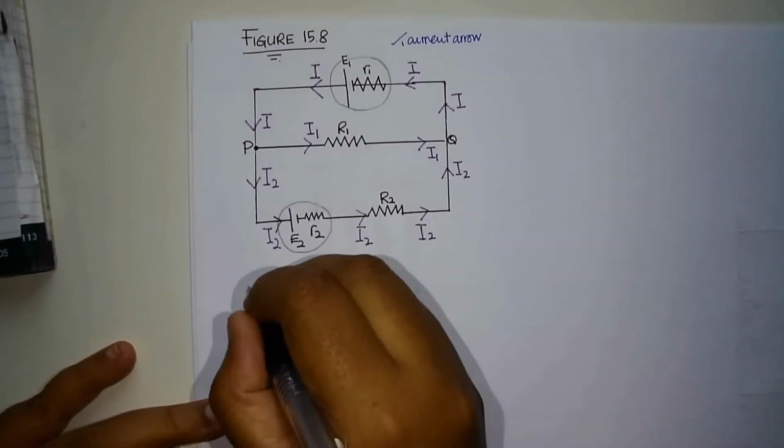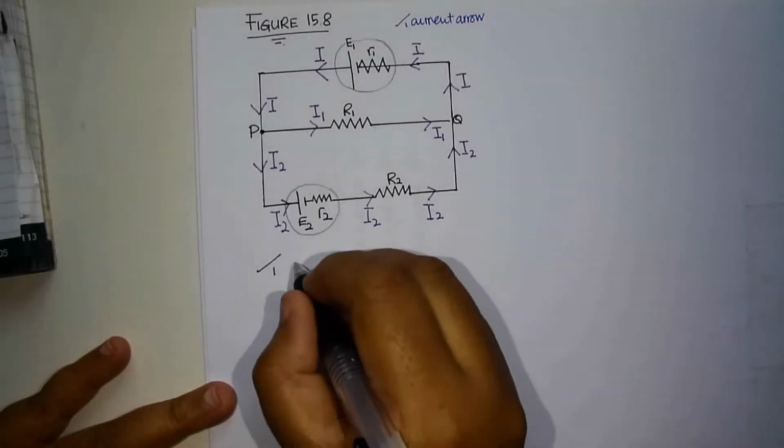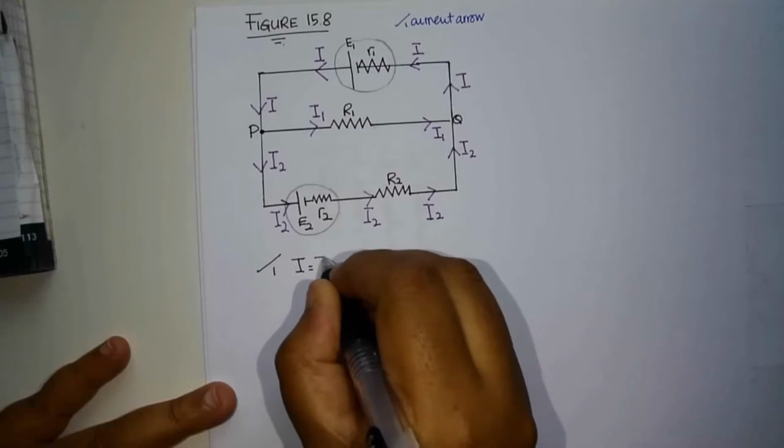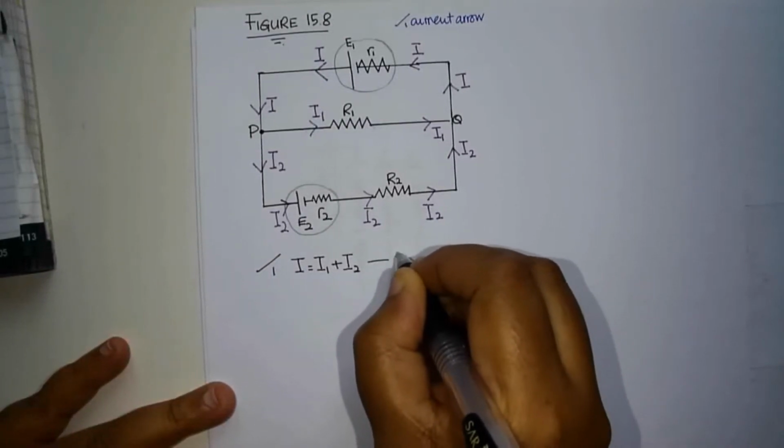So when I apply Kirchhoff's current law, I know I equals I1 plus I2. This is equation number 1.